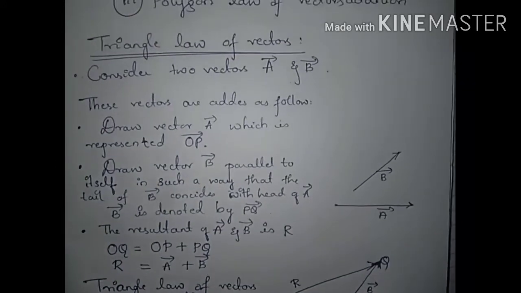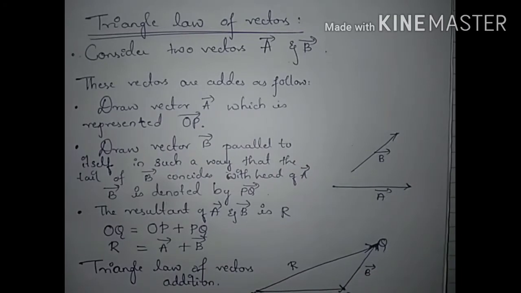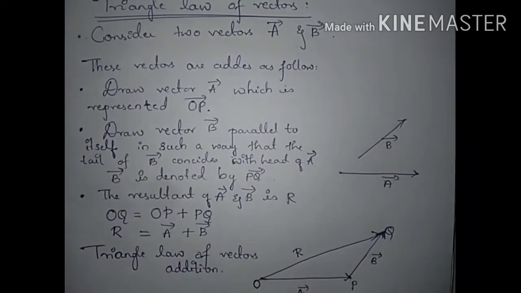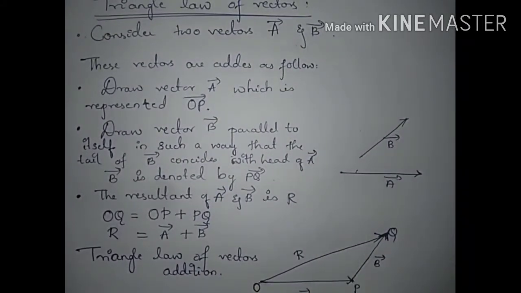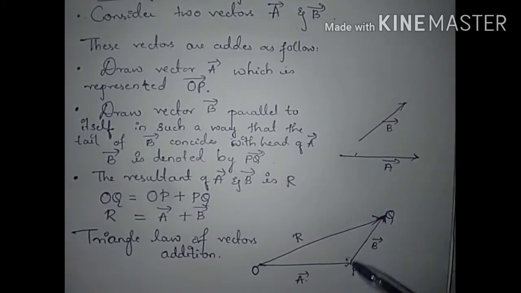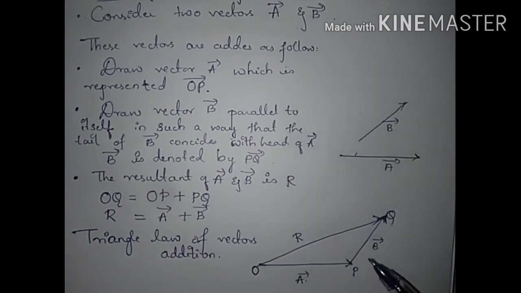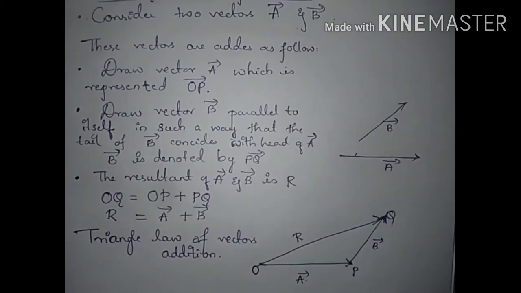So what you have done in this law, you have taken the two vectors, vector A and vector B. Then you have drawn this vector A as OP, the base of the triangle. Then you have drawn vector B. This vector B should touch the head of the vector A, and be parallel to this vector B. And then what next?